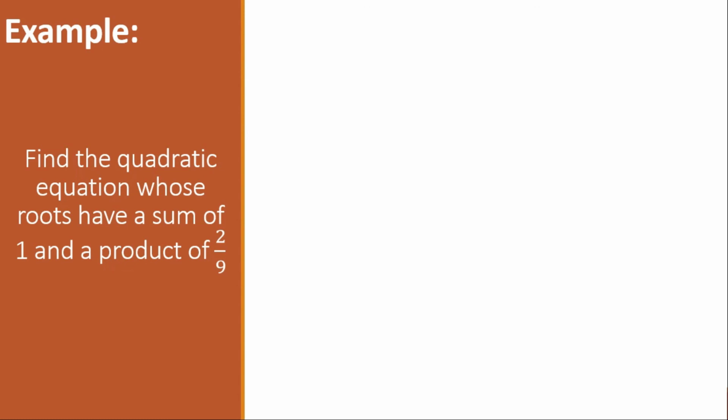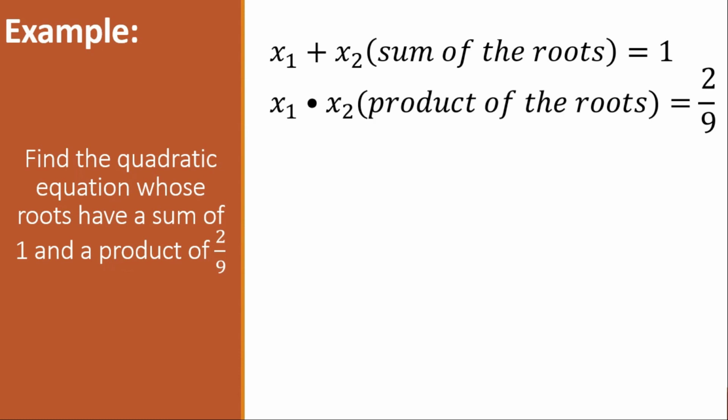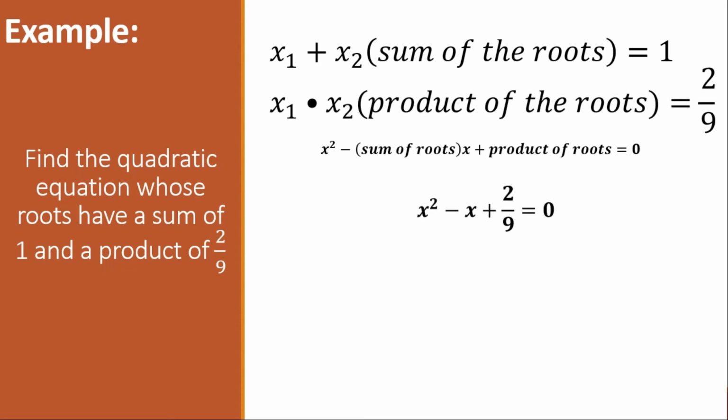Find the quadratic equation whose roots have a sum of 1 and a product of 2 over 9. According to our formula, substitute lang natin yan. Kaya, x squared minus x, kasi 1 na yan, no? Kaya di mo na kailangan isulat si 1. X squared minus x plus 2 over 9 equals 0.